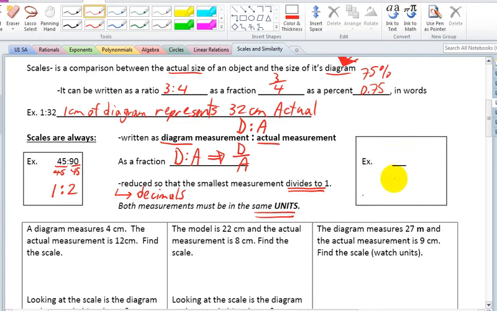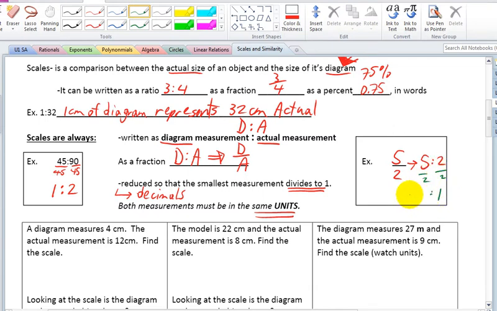Another example. Let's say it's 5 to 2. So this would then be 5:2. To put this in lowest terms, we divide both of them by 2.